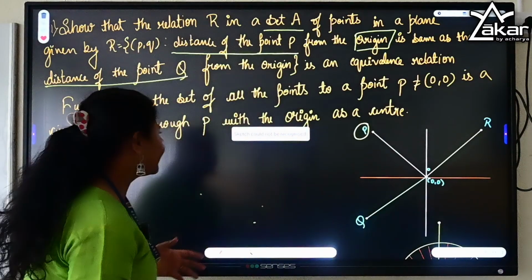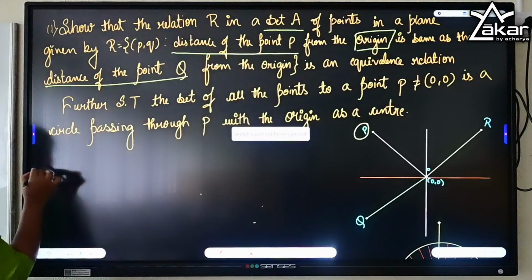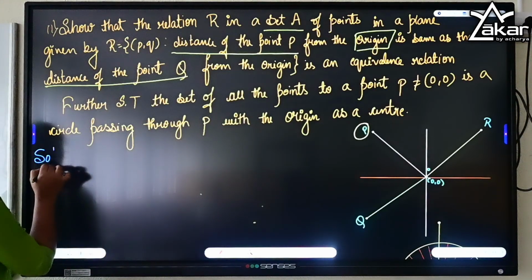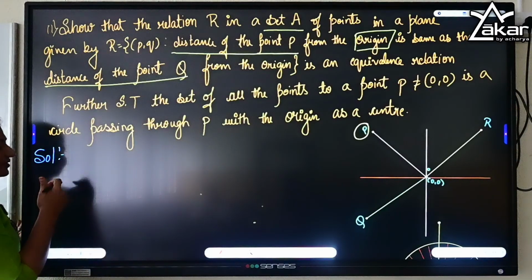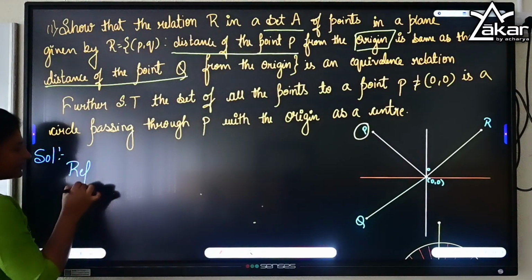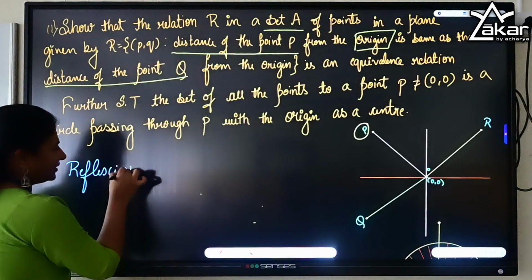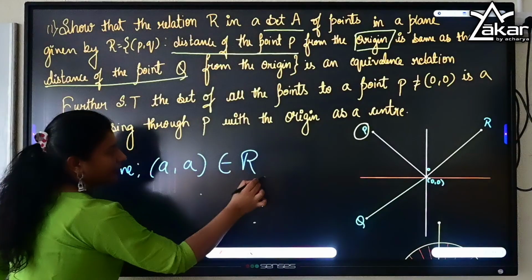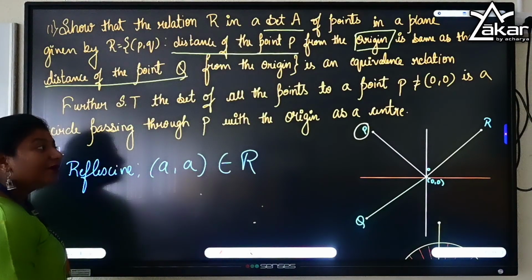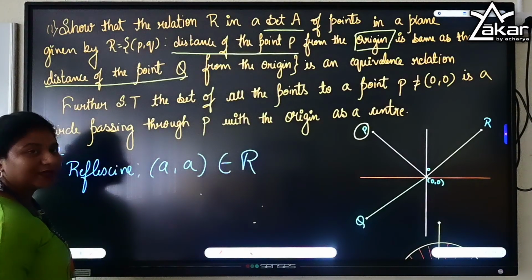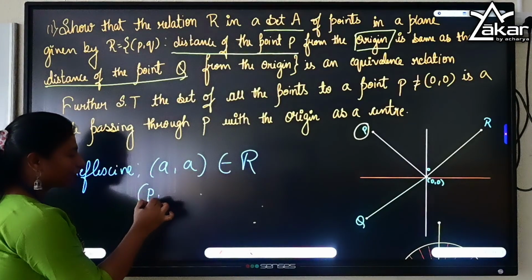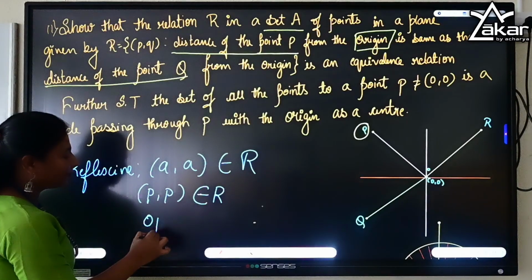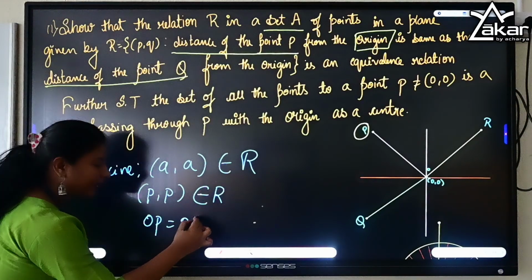So, according to this, we can write the solution. Reflexive condition: what does it say? Reflexive means (A, A) should belong to R. Here the point I have considered is only P. That is, (P, P) belongs to R, which means OP is equal to OP only.